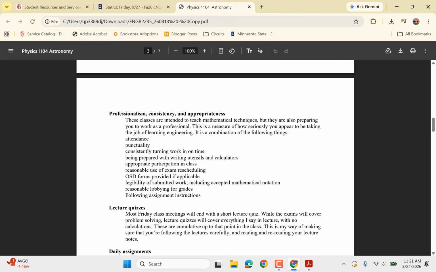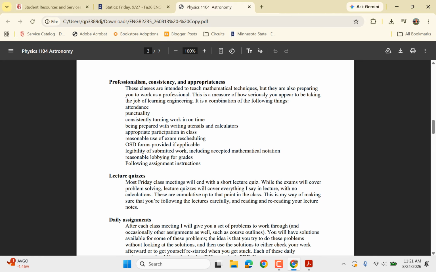The first one, worth 5% of your grade, is professionalism, consistency, and appropriateness. Basically, an engineering degree is a professional degree. It's a funny straddling of a liberal arts academic degree and a really professional vocational degree.